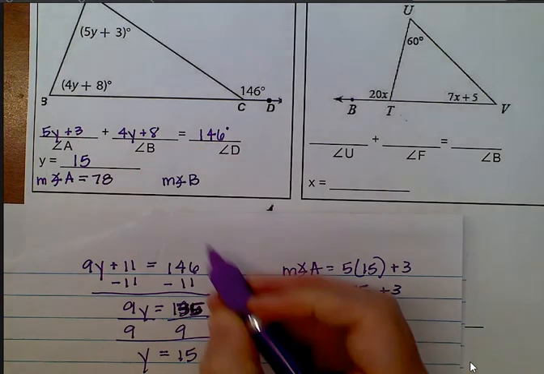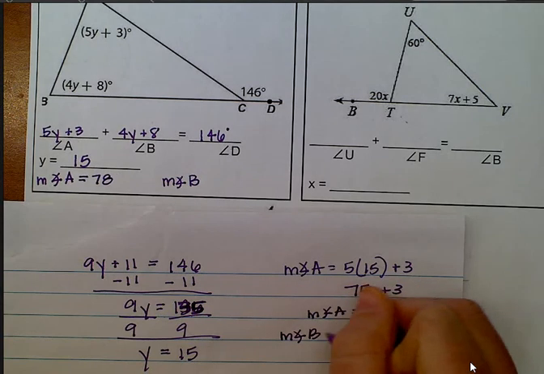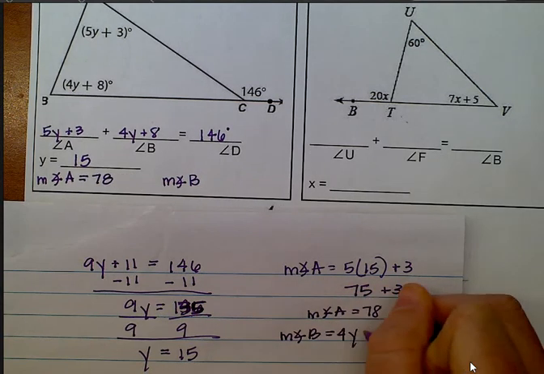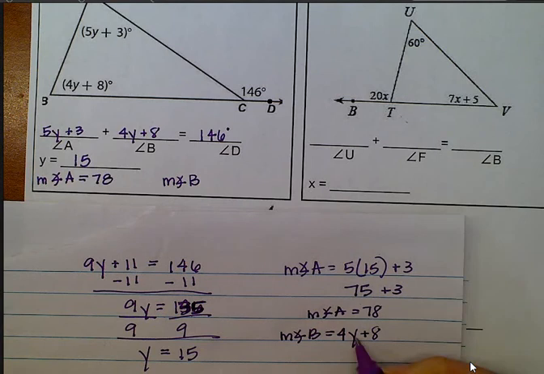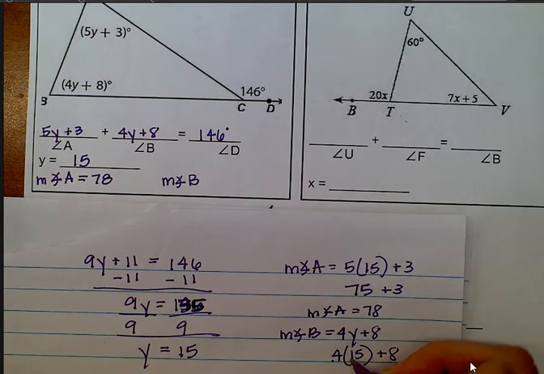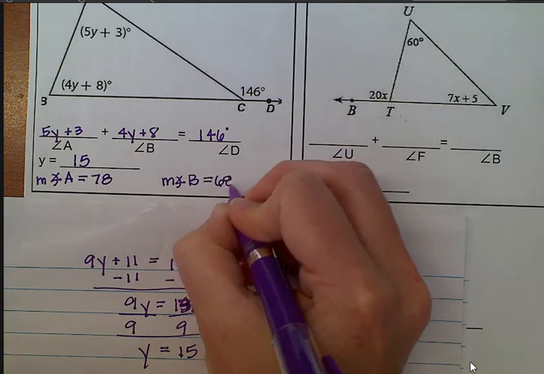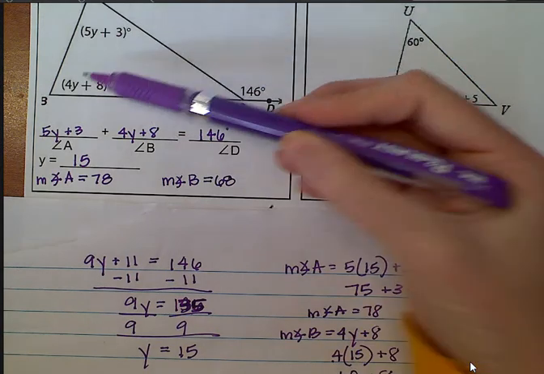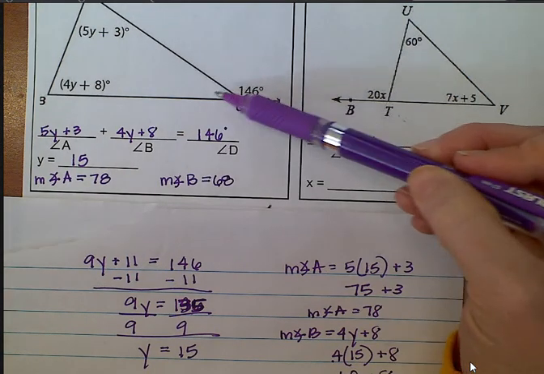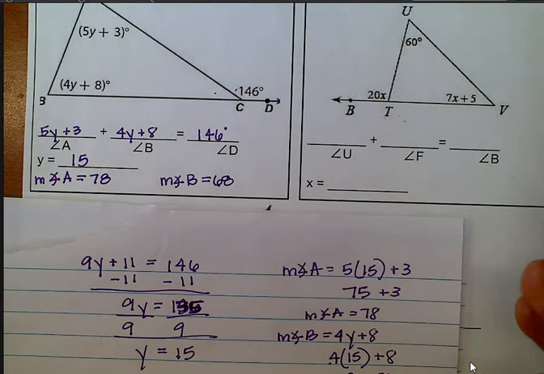You'll do the same thing to solve for the measure of angle B. Plug in a 15 anywhere that you see a y. 4 times 15 is 60, plus 8 is 68. Now if we needed to, even without knowing that this was a supplementary relationship here, we could find that missing angle because we have 180 degrees in every triangle.